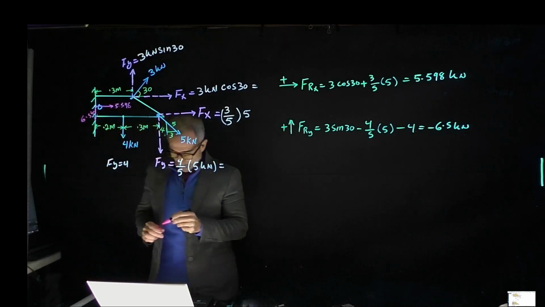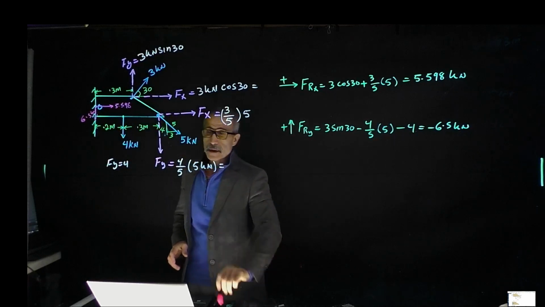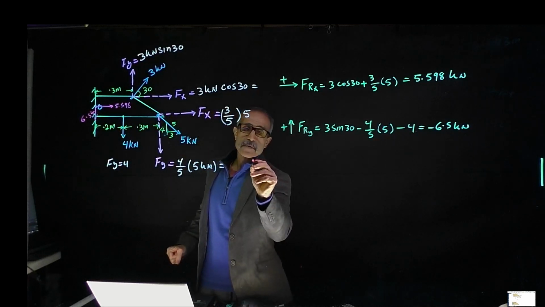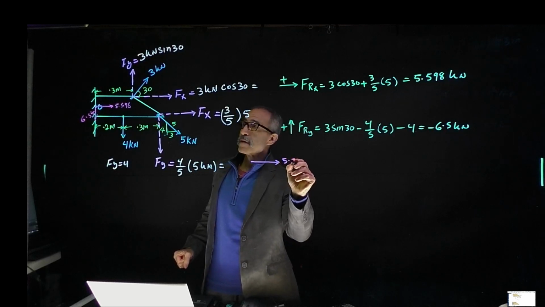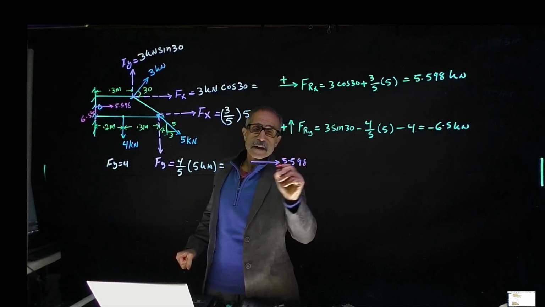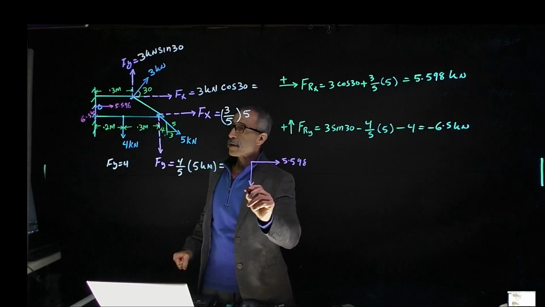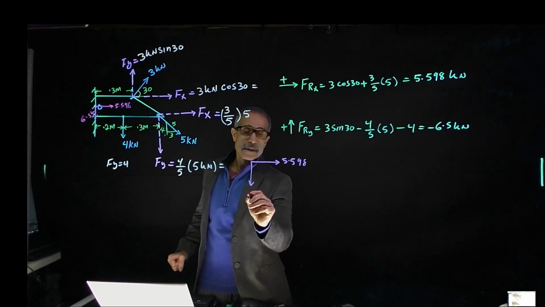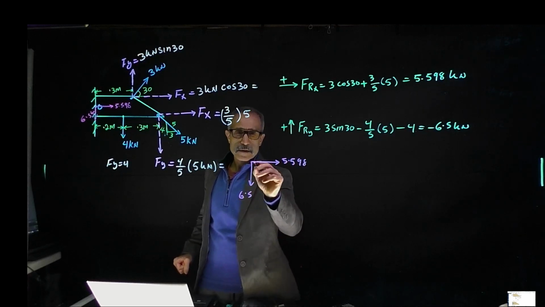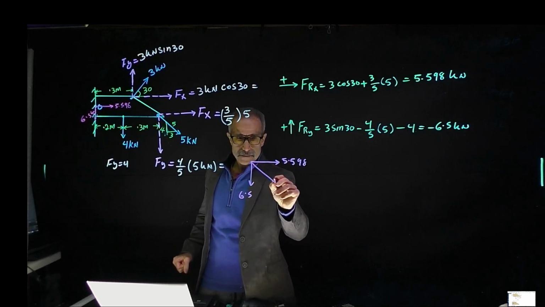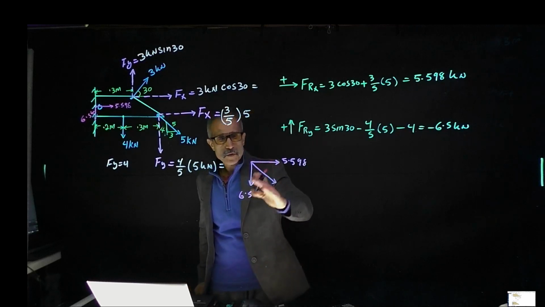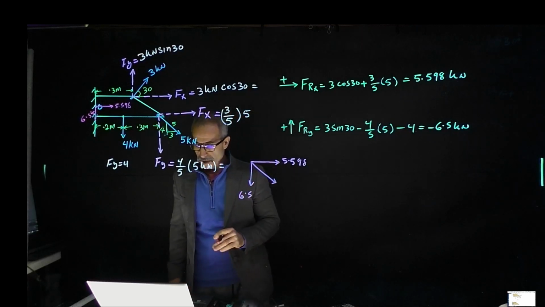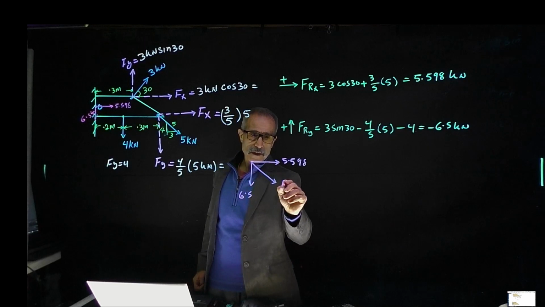Let me write that down here so we can see it better. If I have this one coming at 5.598, and this one is coming down at 6.5, our result is going to be someplace around here. Not quite in the middle, more toward this one because this one is a little bit bigger. So that's going to be F of r.